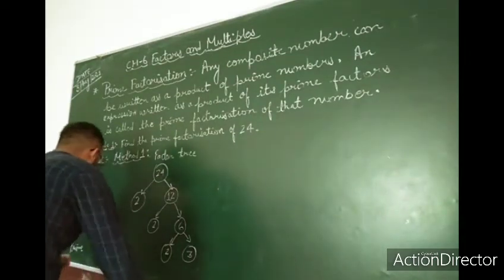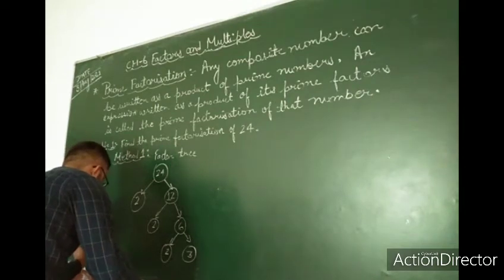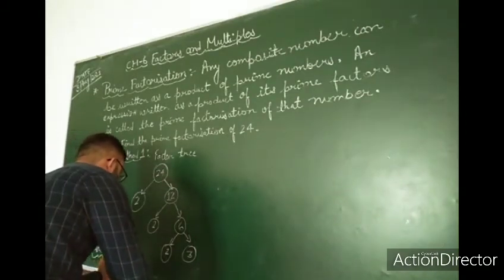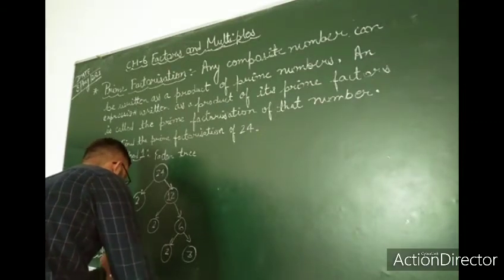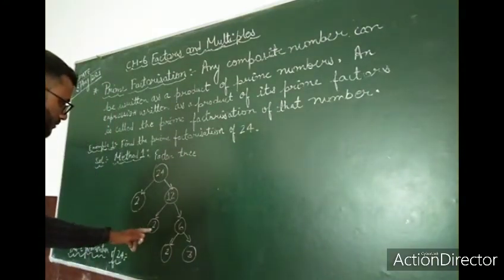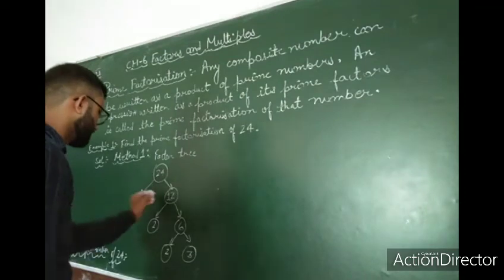Now we write the prime factorization of 24: 2 multiplied by 2, multiplied by 2 and multiplied by 3.